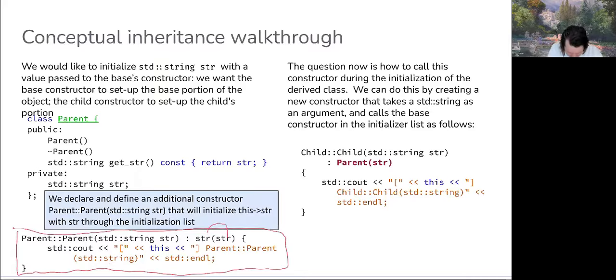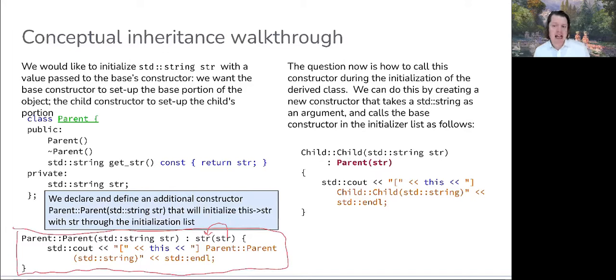And I'm sorry that this is deviating from the Google style guide in terms of how these data members and functions are named. Just ignore the style discrepancies from what you're used to and focus on the process here. So we have this parameterized constructor now for the parent.